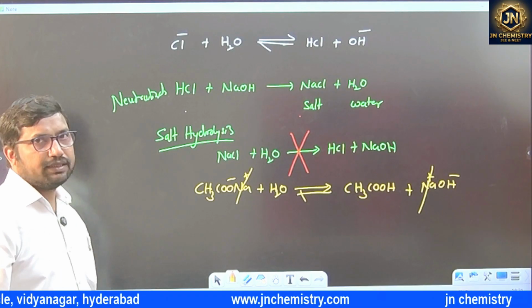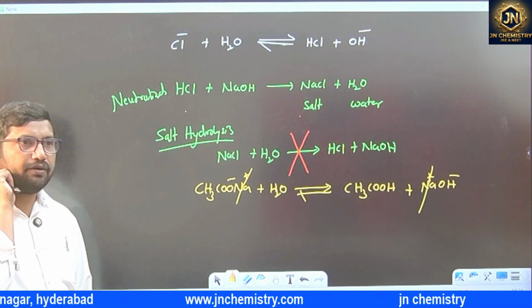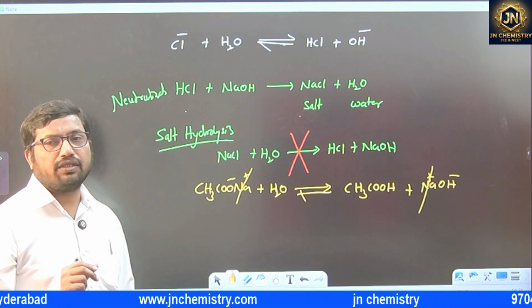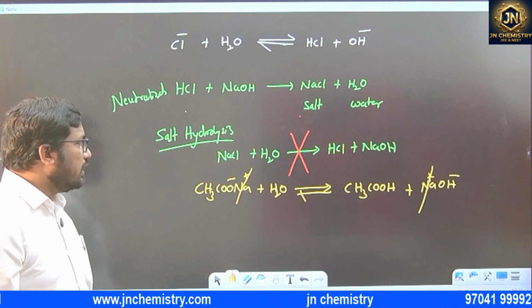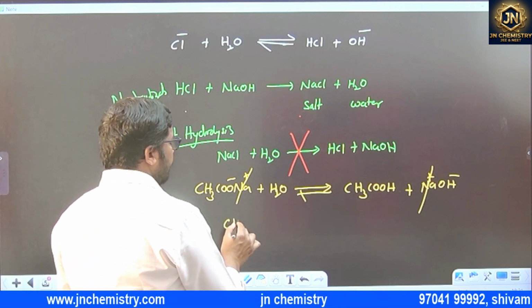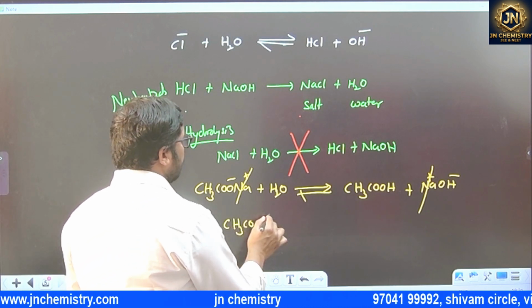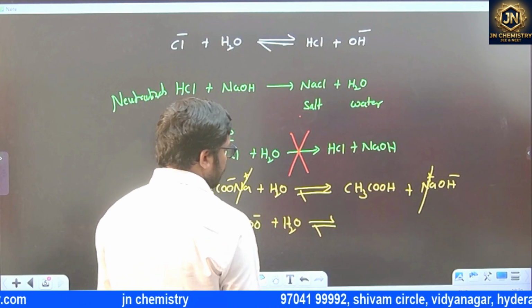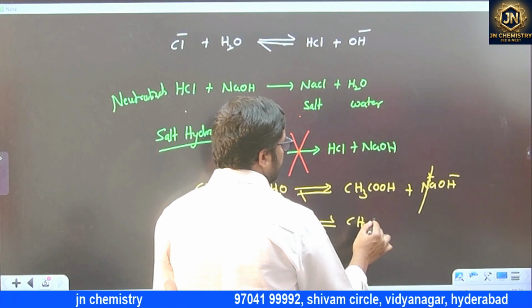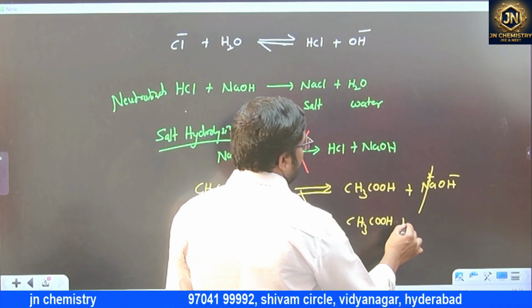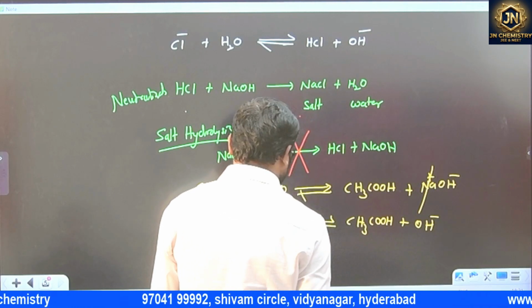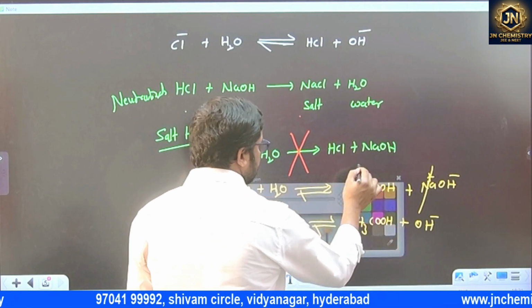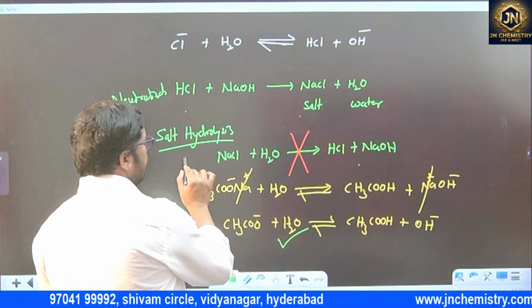Means Na plus, a counterion of strong acids and strong bases, won't undergo hydrolysis. So it is anionic hydrolysis. CH3COO minus can undergo hydrolysis: CH3COOH plus OH minus. Means this reaction takes place, but not this.